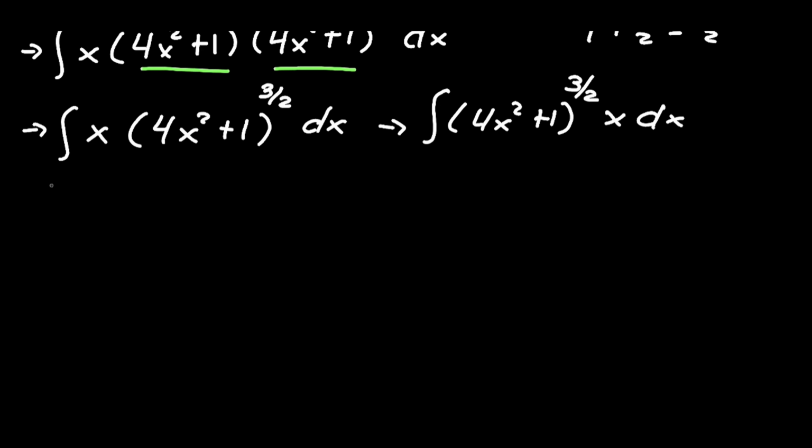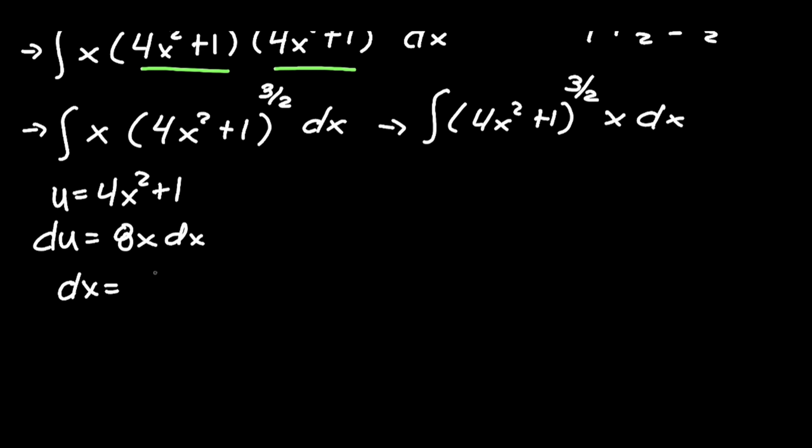So, let u here be 4x squared plus 1, du be 8x dx. So, dx now here would be du over 8x.